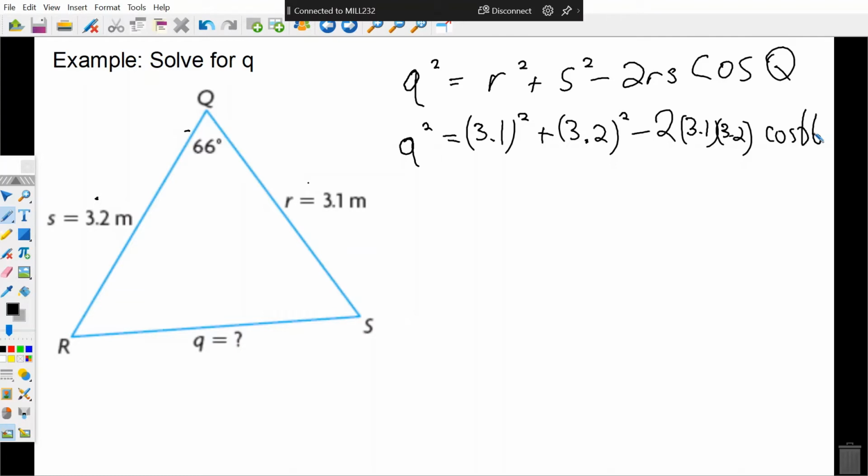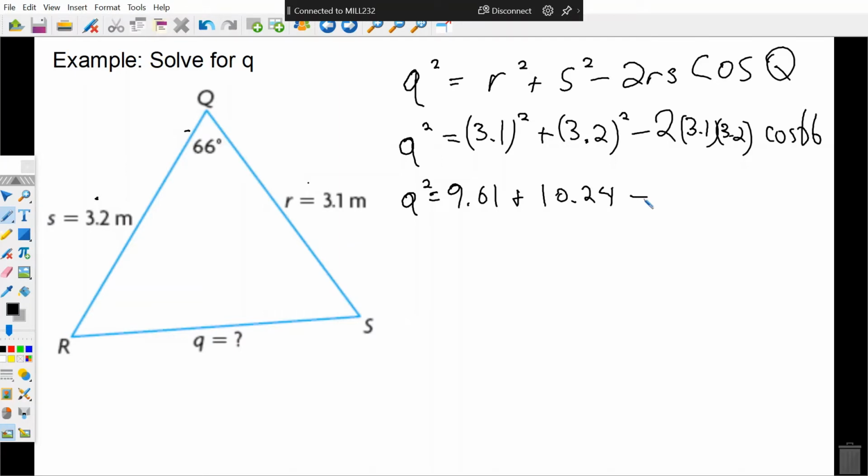So the first thing I'm going to do is square 3.1 and 3.2. 3.1 squared is 9.61, plus 3.2 squared is 10.24, minus, and this one I'm going to do all at once.